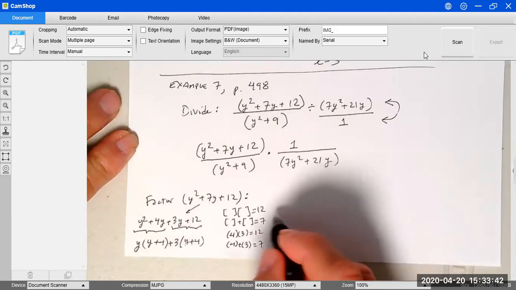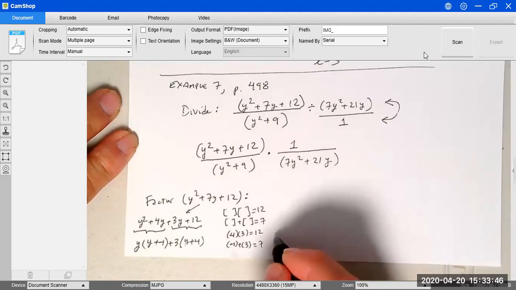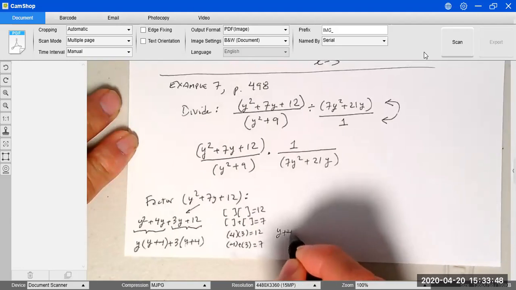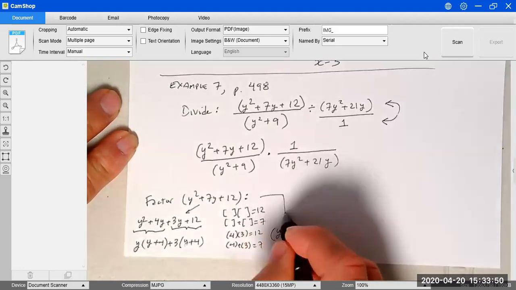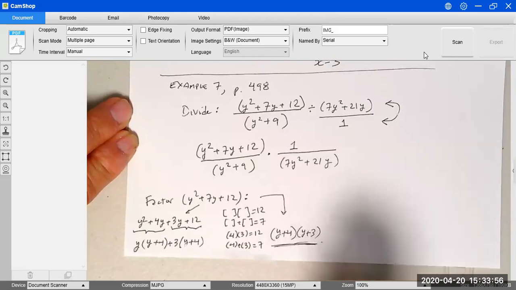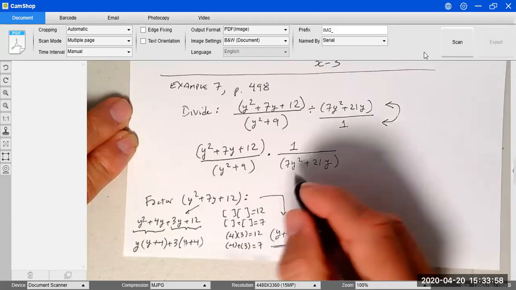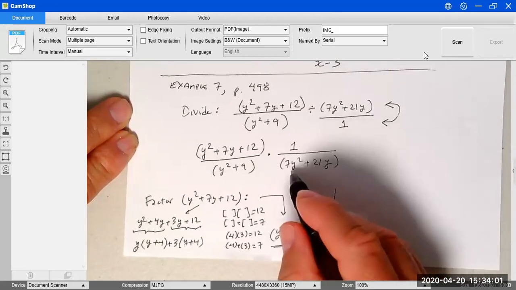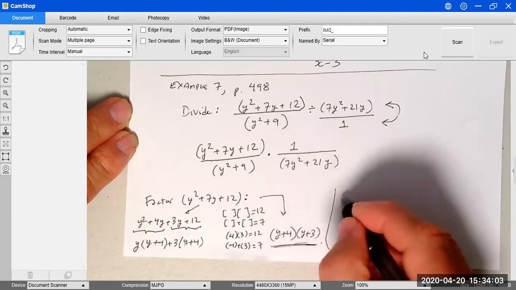So this is gonna be just y plus 4 that multiplies y plus 3.